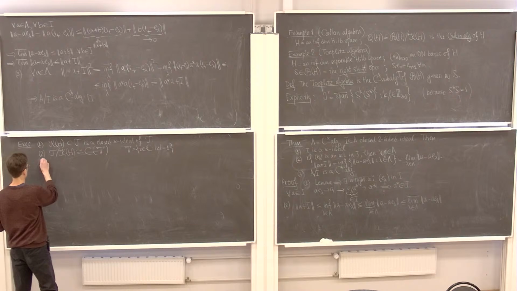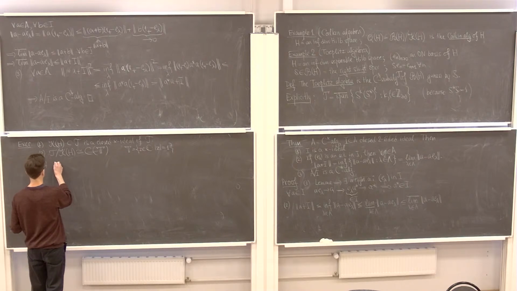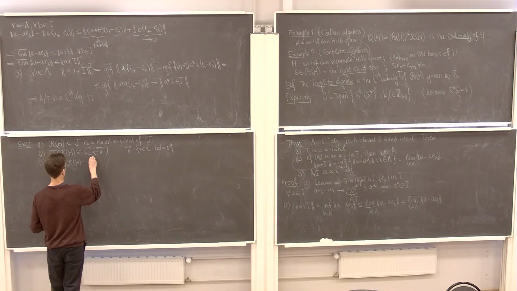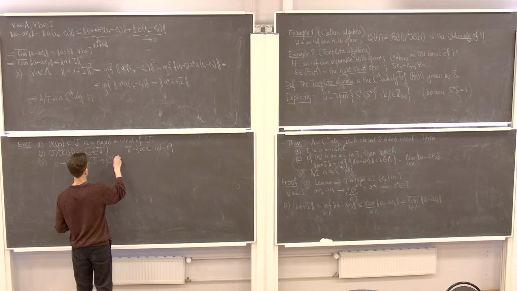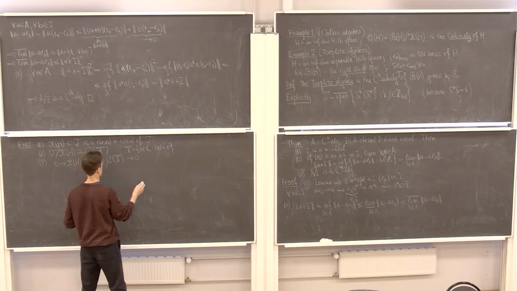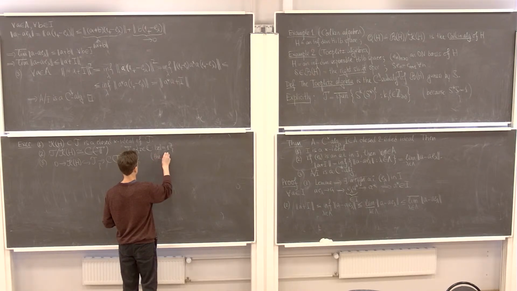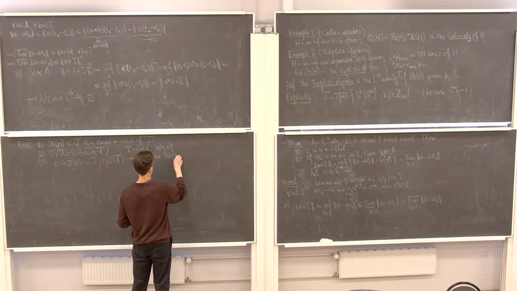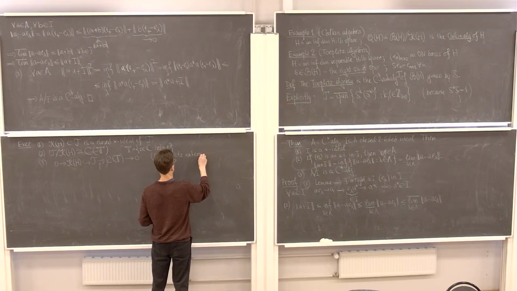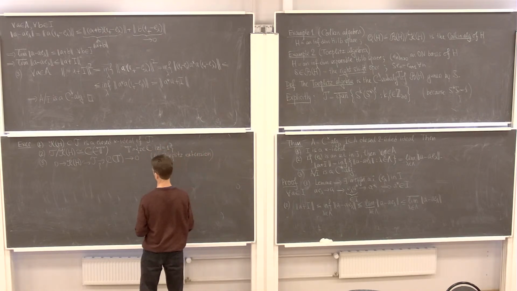So as a result, we get the following exact sequence. The ideal of compact operators is contained in the Toeplitz algebra, and the quotient is isomorphic to the algebra of continuous functions on the circle. This is the so-called Toeplitz extension.